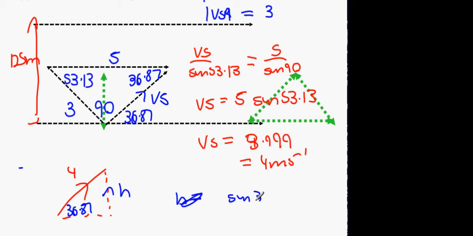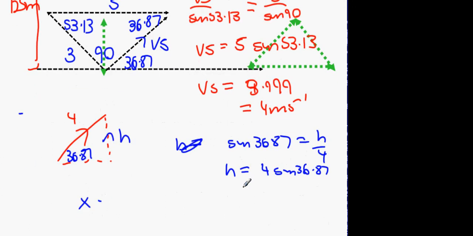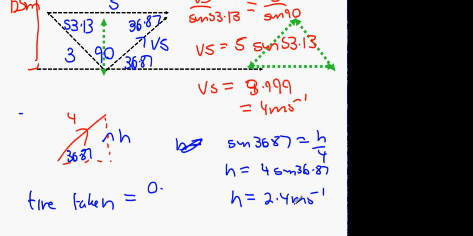H equals, sine 36.87 equals h over 4. And when you gave me the answer there, Dan, for sine 36.87, 2.4. H is 2.4 meters per second. To get the time taken, we're then going to have to divide. That's kilometers per hour, isn't it? And not meters per second.